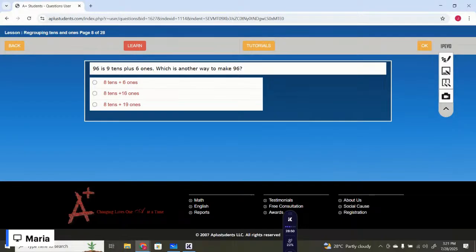96 is 9 tens plus 6 ones, which is another way to make 96.